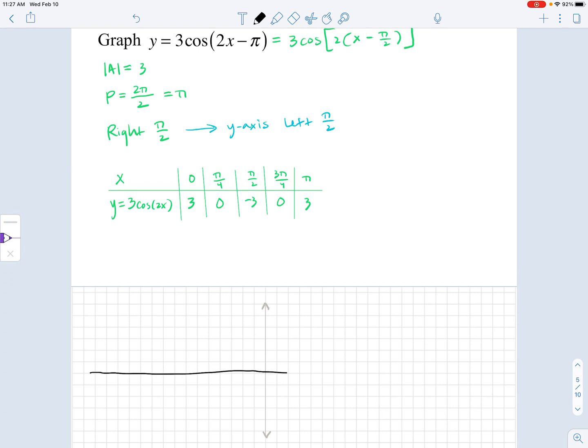The x-axis, because there's no vertical shift, will not be shifting. Also notice that no domain was stated, so if no domain is stated, make sure you're at least graphing one period. If I can see one period, I'll probably extend it a little bit.